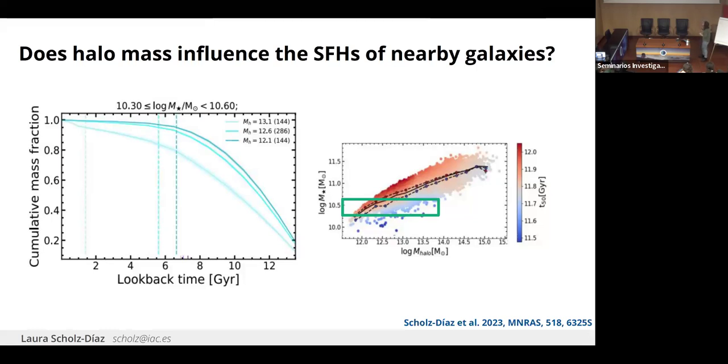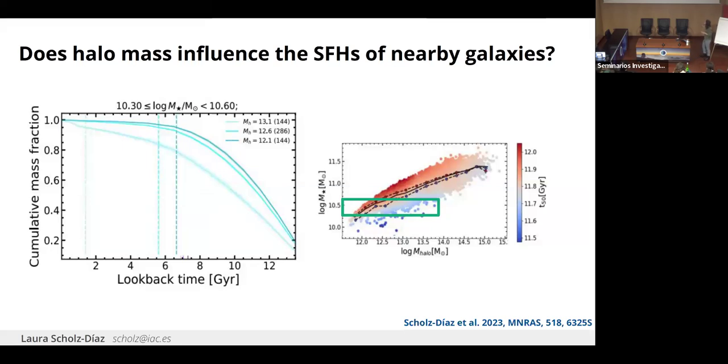So what we did is to divide the galaxies in halos of different masses. And you can clearly see that they have different cumulative mass distributions. So what we see here is that at fixed stellar mass, this darker color would be halos of the lower masses, intermediate masses, higher masses.